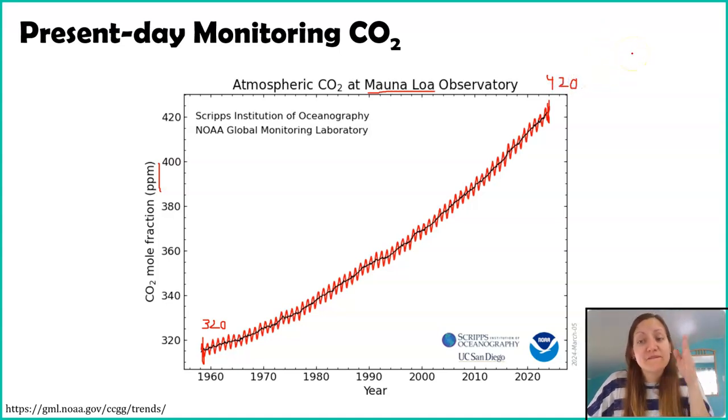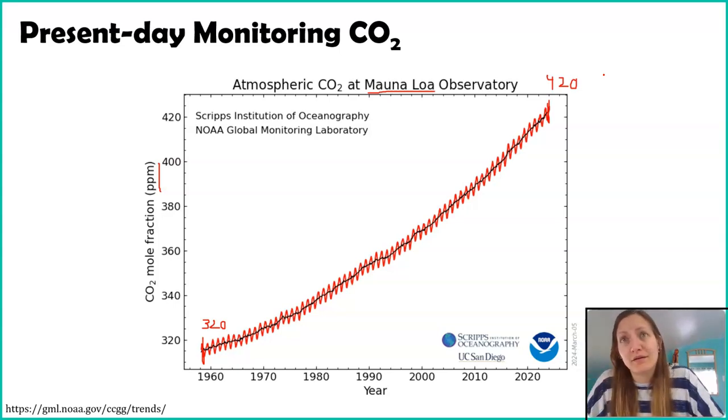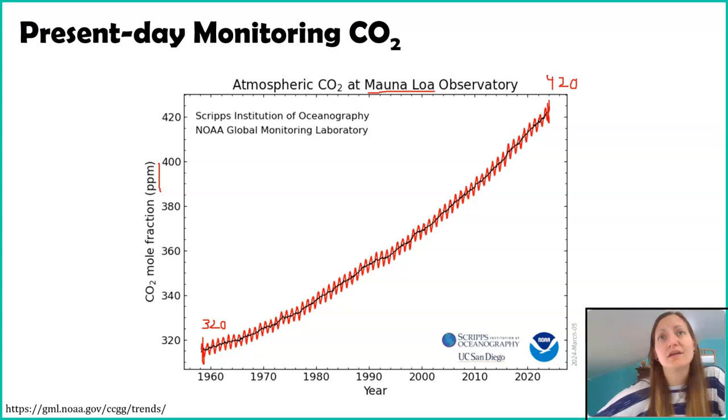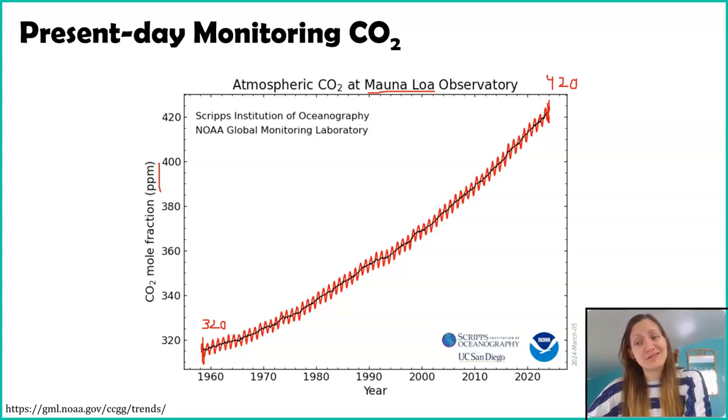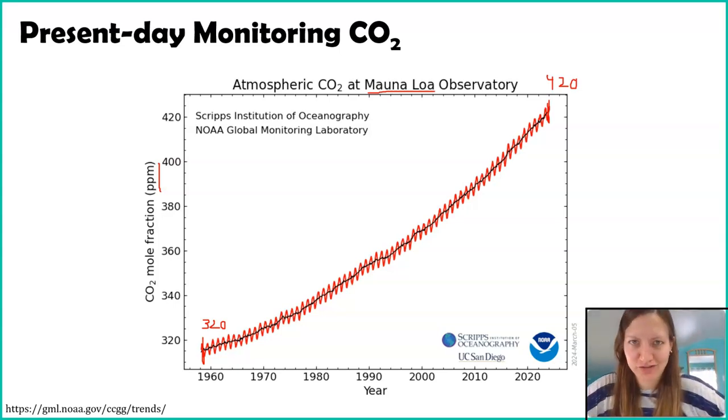So between when we first started measuring it in 1958 to today in 2024, we've gone up 100 parts per million. Remember earlier, going from 200 to 300 took between 10 to 30,000 years? I'm going to do some quick math right now. From 2024 to 1958 is like 60-ish years, probably closer to 60 to 70 years.